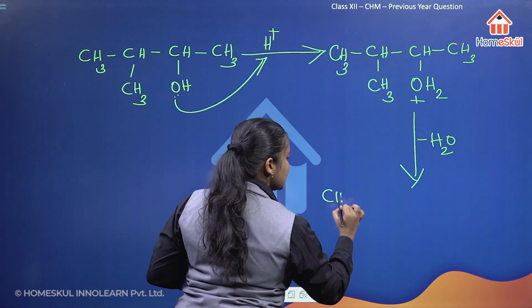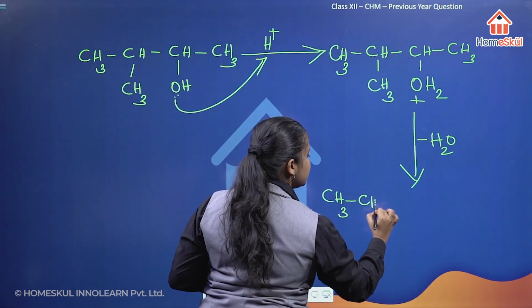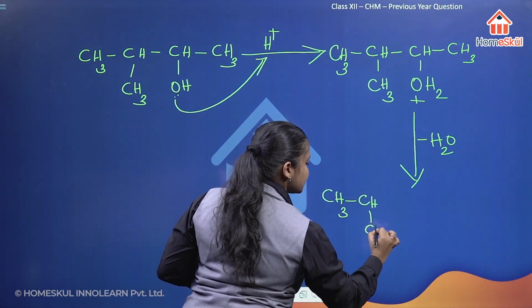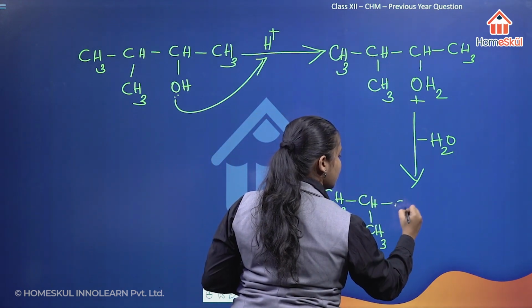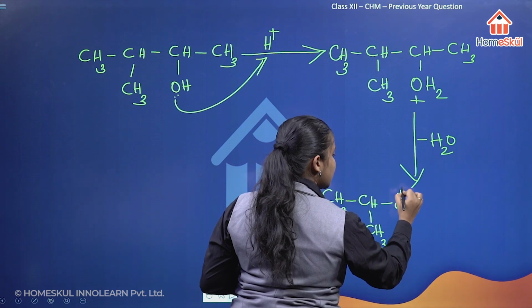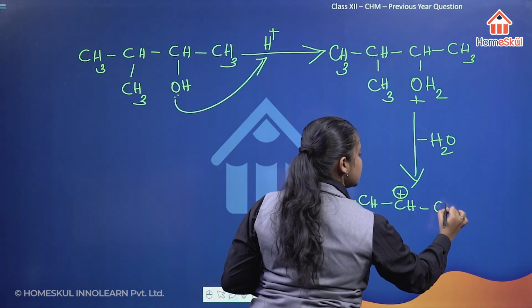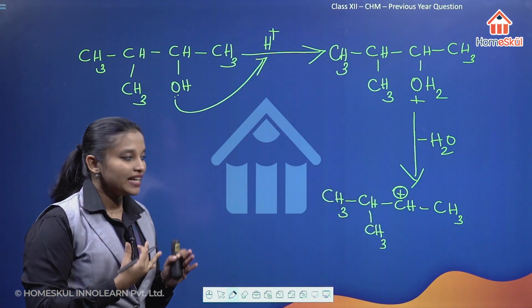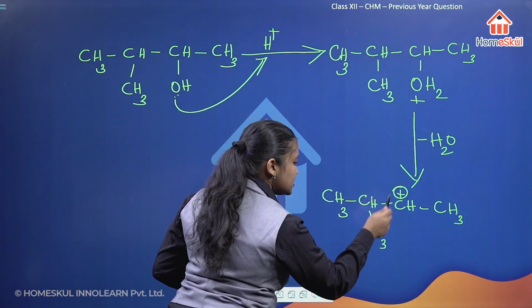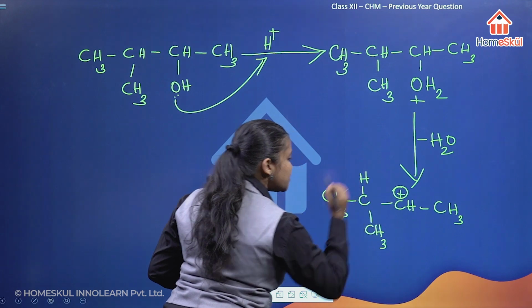Let's see. CH3CH(plus)CH(CH3)CH3. Okay. So, in the next step, there occurs a hydride transfer.